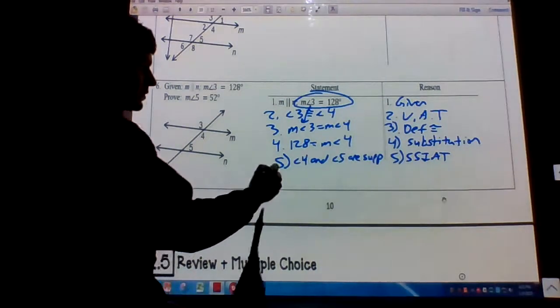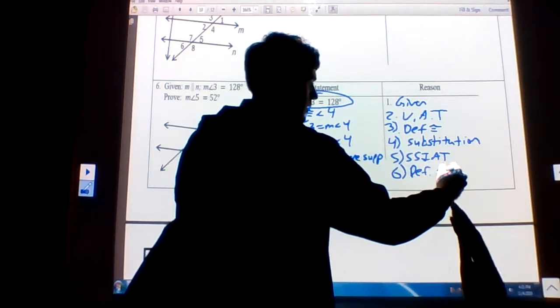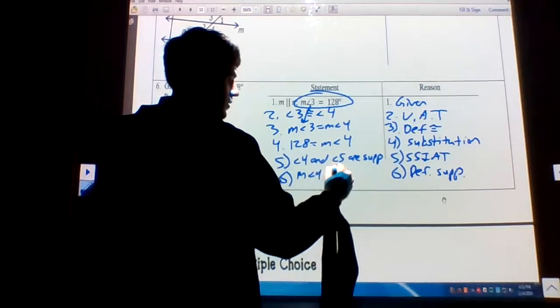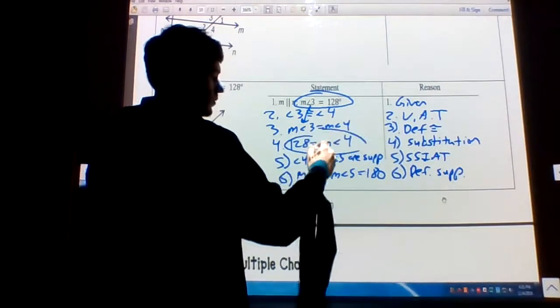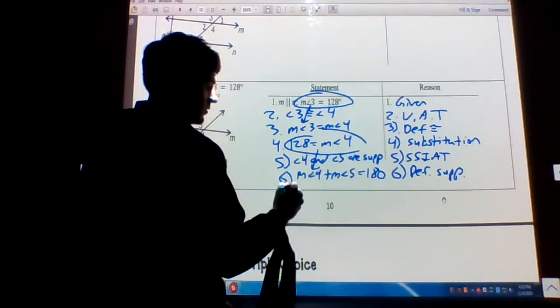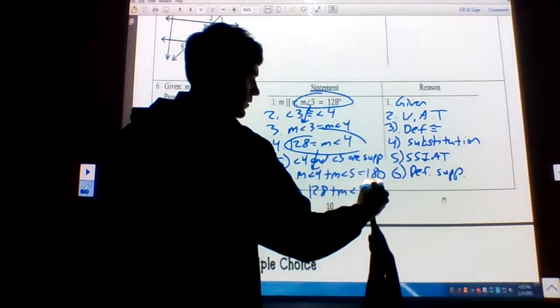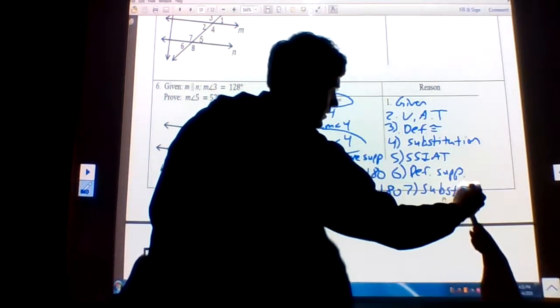And then the definition of supplementary tells us that those angle measures add up to 180. We can then substitute in 128. So we get 128 plus the measure of angle 5 equals 180. That was substitution.